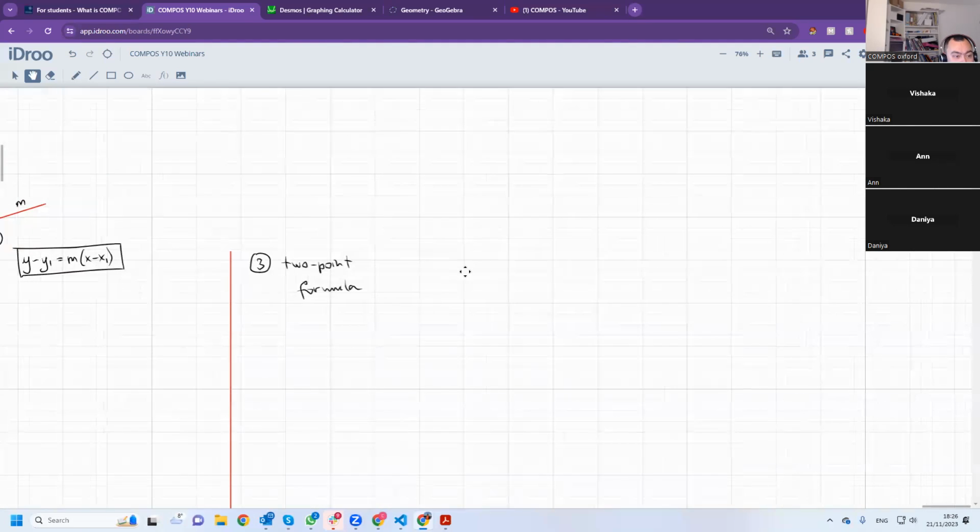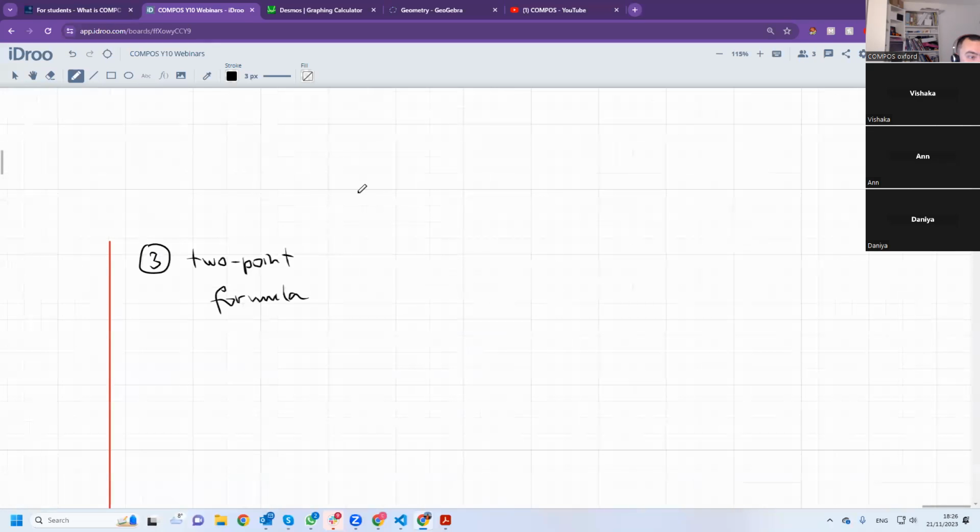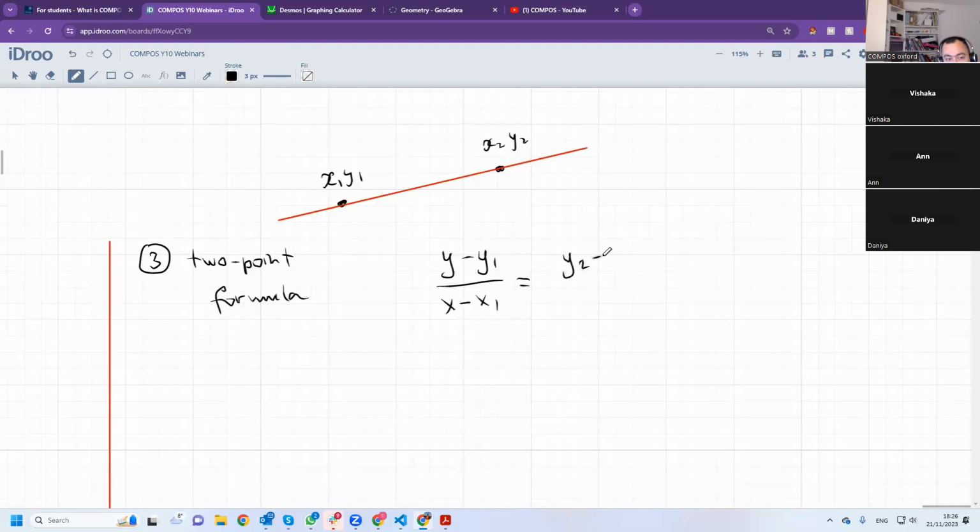The 2-point formula says that if you have 2 points, x1, y1, and x2, y2, then the 2-point formula works like this: y minus y1 over x minus x1 equals y2 minus y1 divided by x2 minus x1.